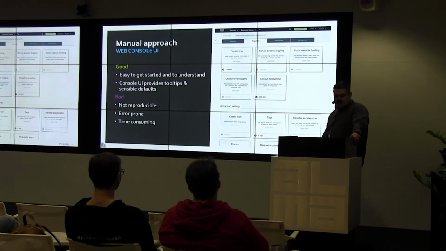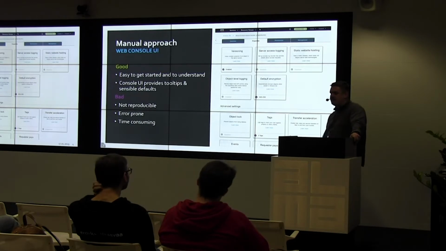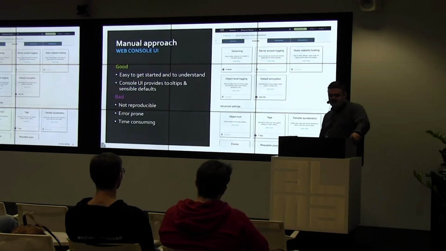But of course, the bad thing is that it's not reproducible, meaning that you can't easily duplicate the environment. If you build a first environment by hand, then it's a lot harder to make, let's say, two similar environments into another account. And if it involves manual steps, it's error prone and it takes time. But this is something that people usually start with.